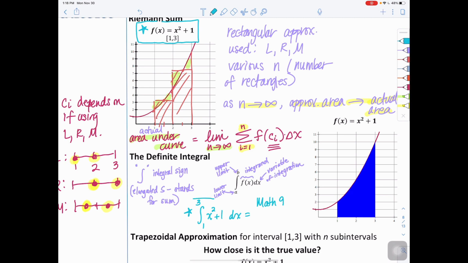That's the actual area of all of our approximations that we've done. I cannot bring up a calculator on here, but you can quickly put Math 9 in your calculator. You can put x squared plus 1 in and find that from 1 to 3, and you will see that that's 10.667 or 32 thirds.